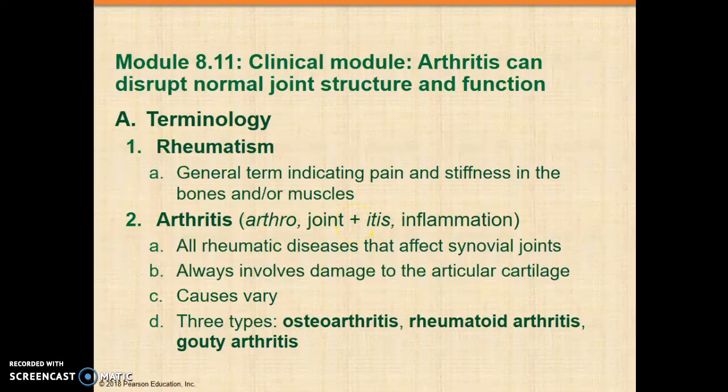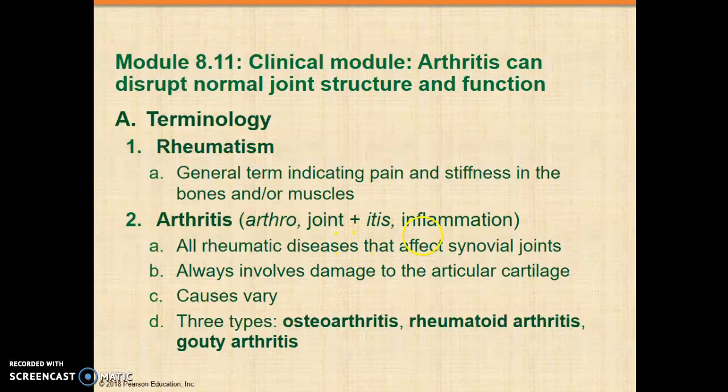Some of the issues with joints include rheumatism, which is just a general term for stiffness. A lot of older people feel stiff in their bones and muscles when they wake up in the morning. It takes a while to get moving. Arthritis is all diseases that affect synovial joints, always involving damage to the articular cartilage.